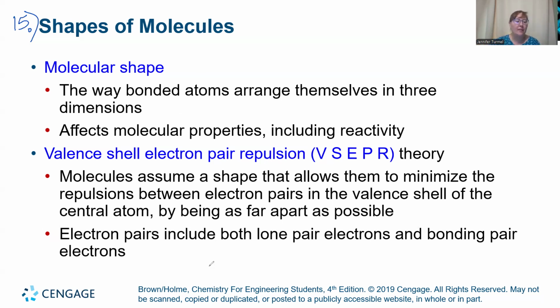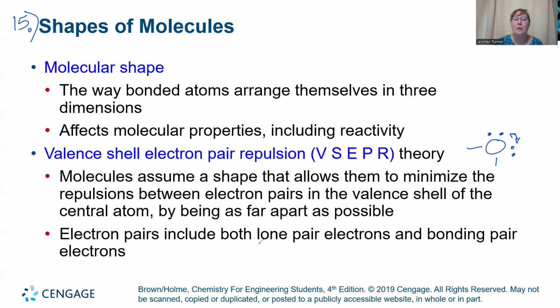Okay, so based on that, our molecule assumes the shape that allows them to minimize the repulsions between the electron pairs. So remember, here we had our oxygen, and here and here, and here and here, and there you go. Well, these are going to push apart on each other. Okay, and now here you notice a couple words here.